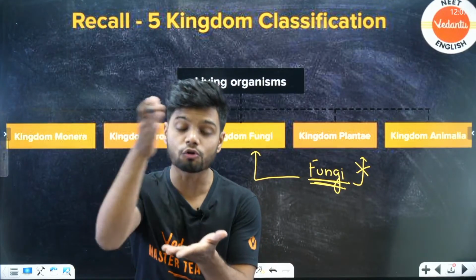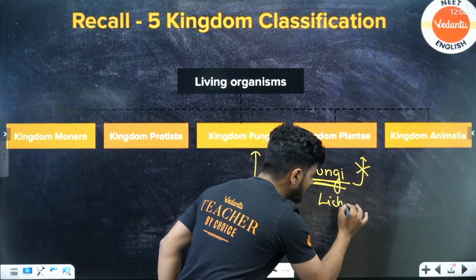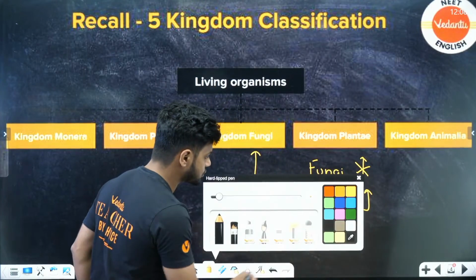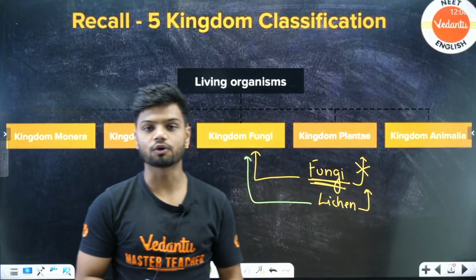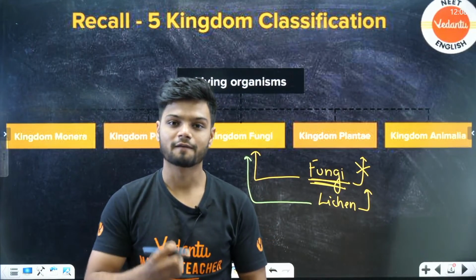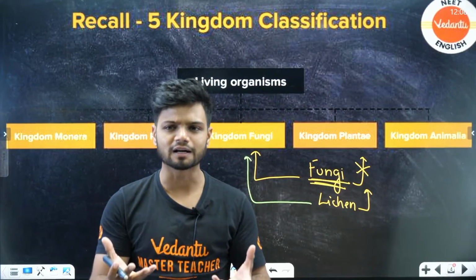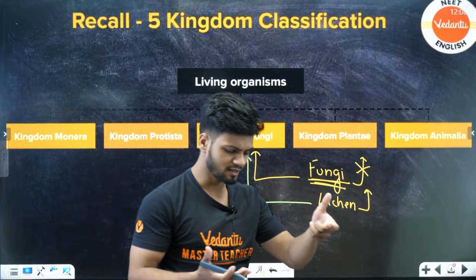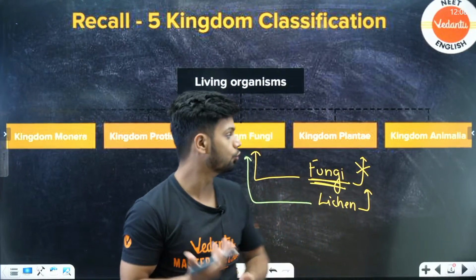Similarly, lichens. Initially, lichens also belonged to kingdom Plantae. But later on, lichens were replaced to kingdom Fungi. So all of you remember something called cyanobacteria. Yes, this is the same cyanobacteria. We also call it blue-green algae.